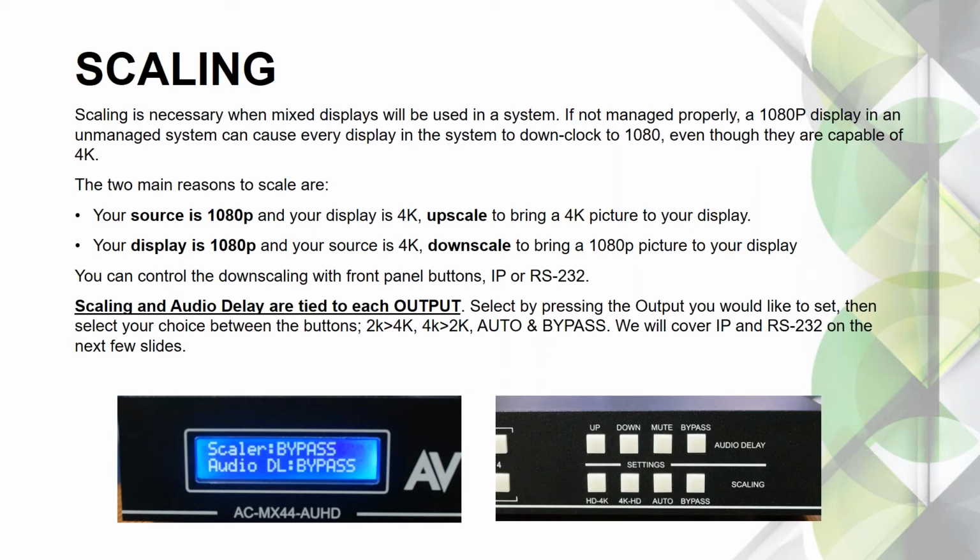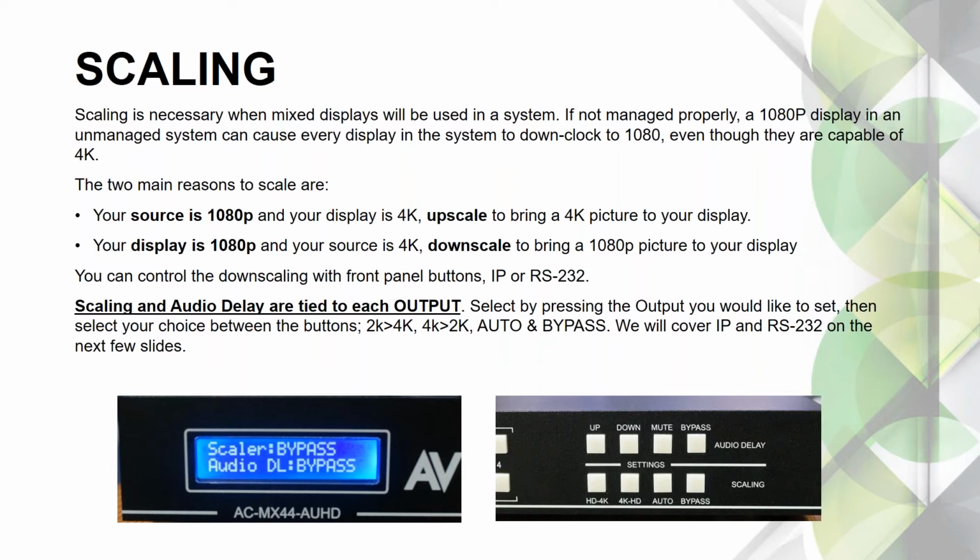We put scaling on every output on our matrices, and that is for that very reason, to deal with mixed systems, which I think are the norm. So you can upscale, so 2K to 4K, and you can downscale 4K to 2K, or you can just put it in bypass mode and let everything run normally.